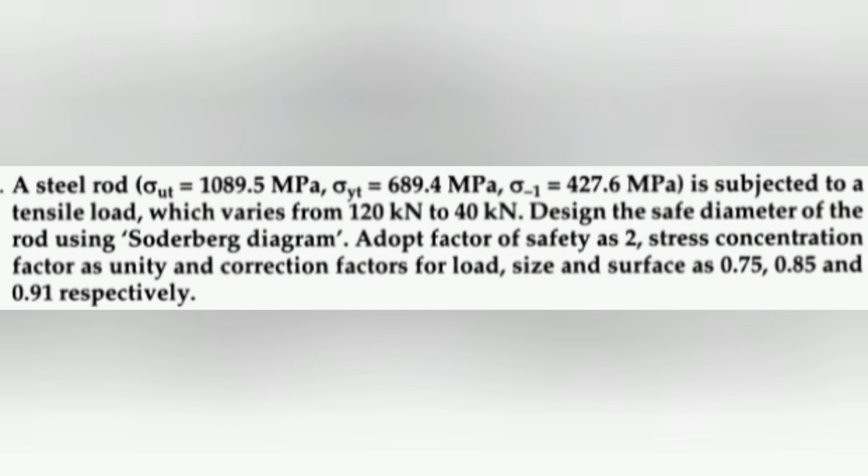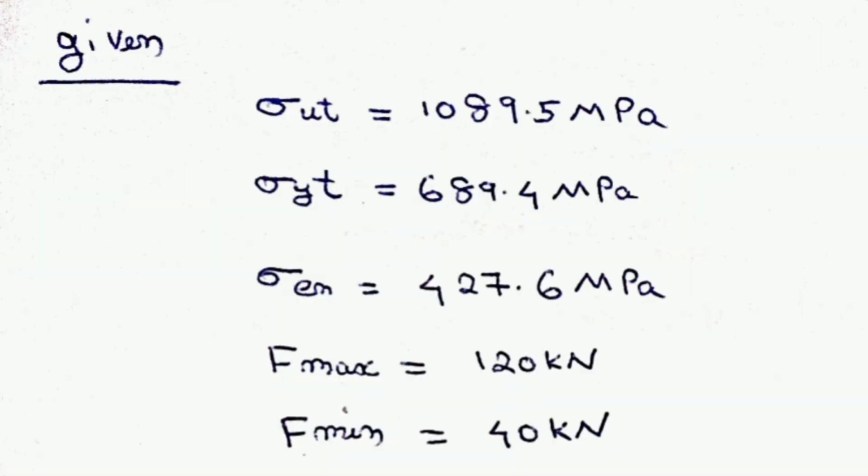Adopt a factor of safety as 2, stress concentration factor as unity, and correction factors for load, size and surface are 0.75, 0.85 and 0.91 respectively. These are all the given data. Ultimate stress 1089.5 megapascal.